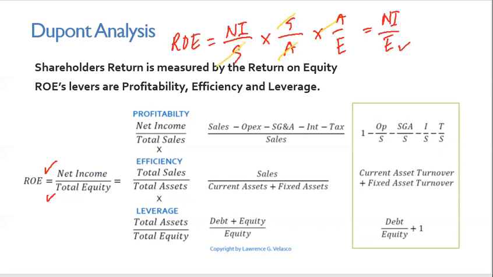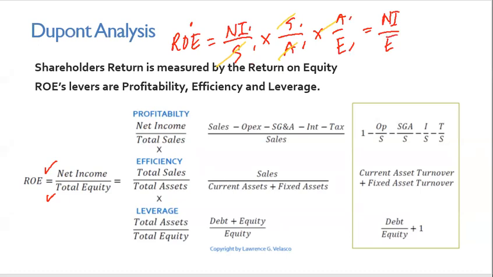Right? So again, return on equity is net income over equity, but you can actually rewrite that into this: net income over sales, sales over assets, assets over equity, and then magka-cancel-cancel.